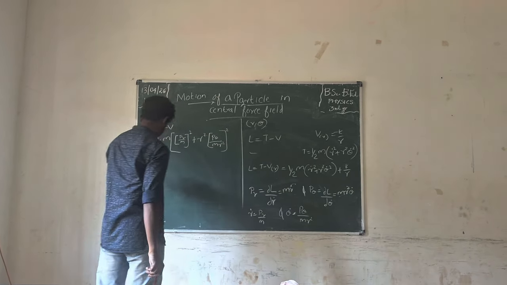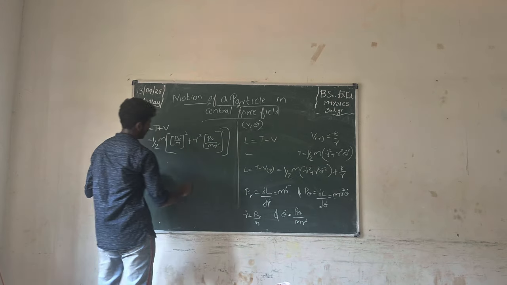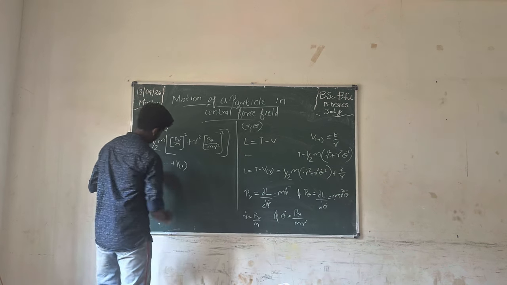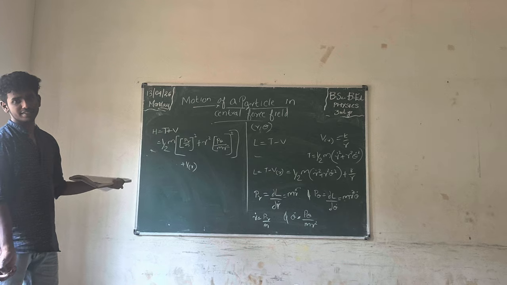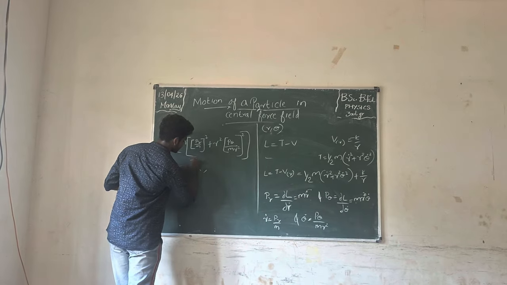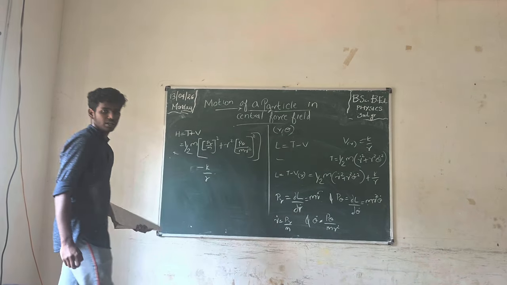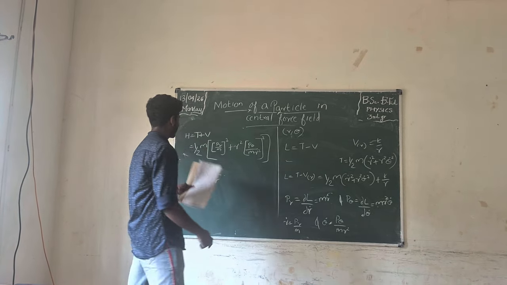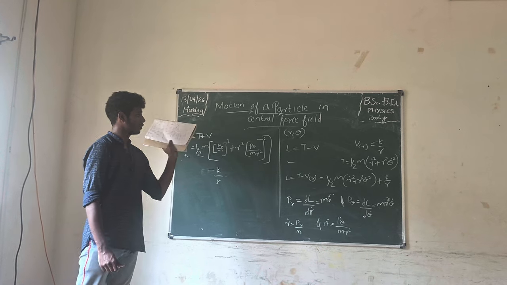Plus V of r. We already know the value of V of r, right? It is minus k by r. So we can simply substitute minus k by r. Clear?